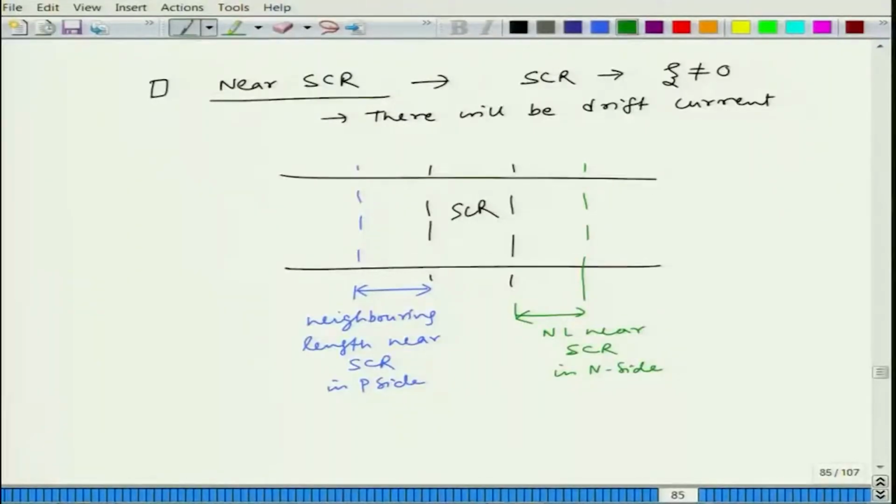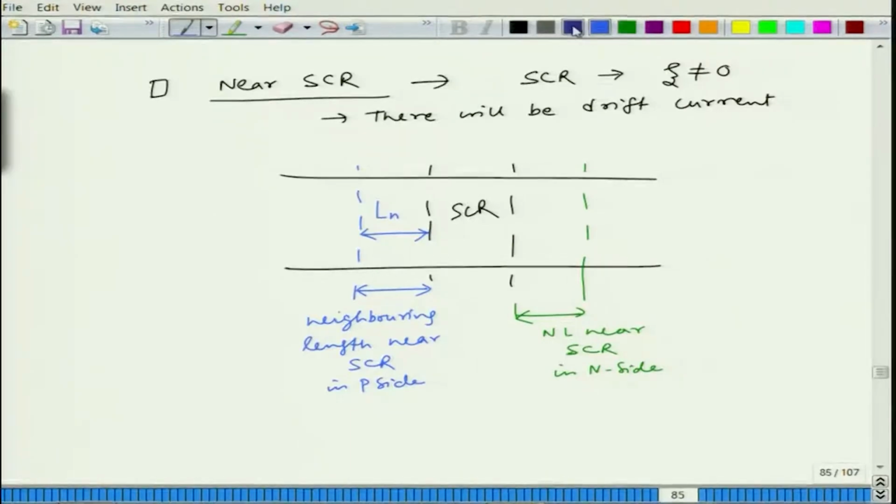If it reaches that edge, then it will be sucked into the other side, is it not? So, in that case we can say that this length is the recombination length for the minority carrier in the p side, which is the recombination length for the electrons.